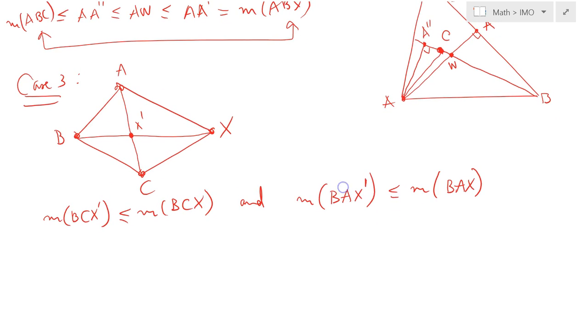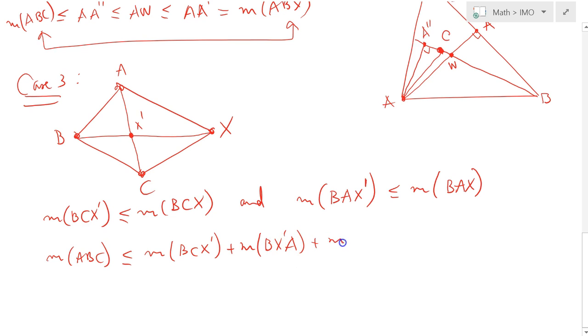Finally, if one focuses on triangle ABC and considers case 1 again, this would imply that M of ABC is less than or equal to M of BCX prime plus M of BX prime A plus M of X prime CA.